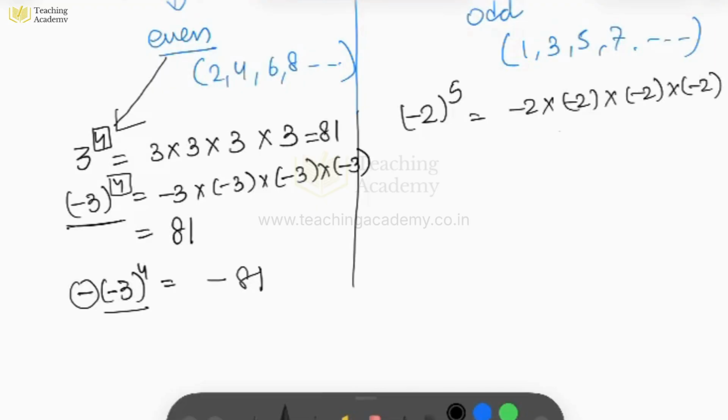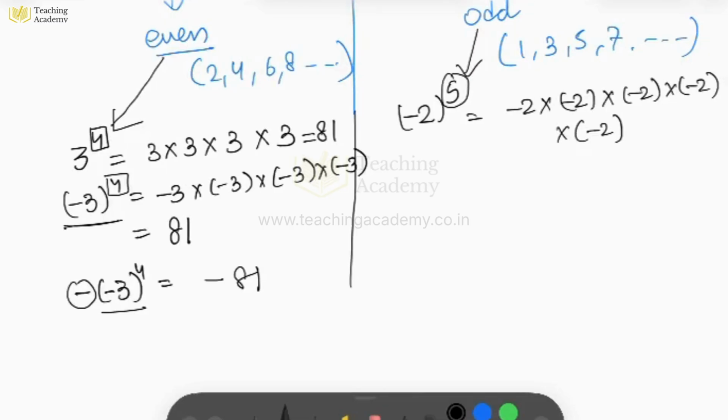As I told you, whenever you see an odd power with a negative base, your answer is going to be negative. So 2 to the power 5 gives you 32, but it should be a negative one here. I hope you understand what exactly the even and odd powers make here.